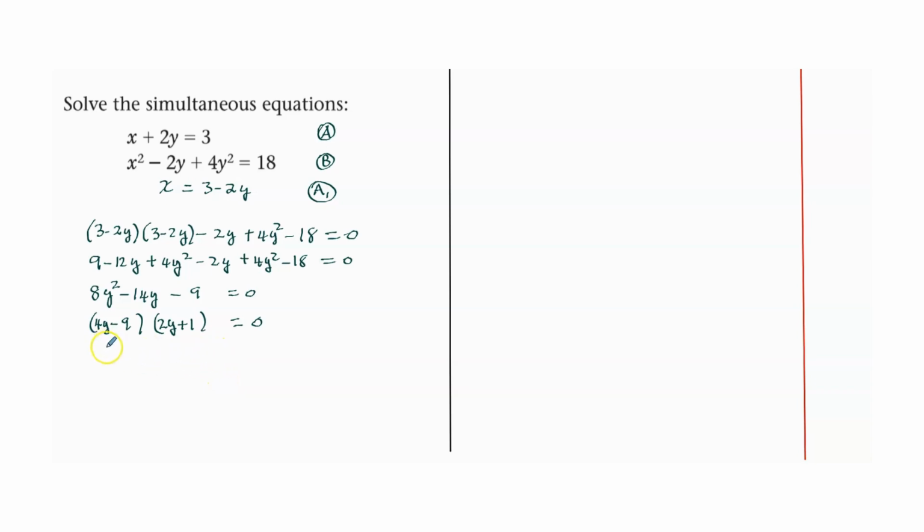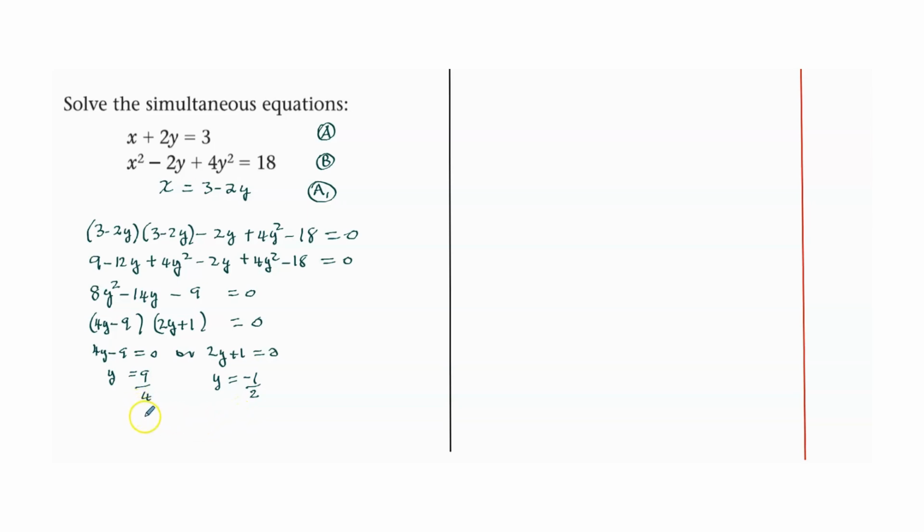So now we can solve for y. So 4y minus 9 equals 0, or 2y plus 1 equals 0. So from this we can see that y is 9 over 4. And here y equals minus a half.